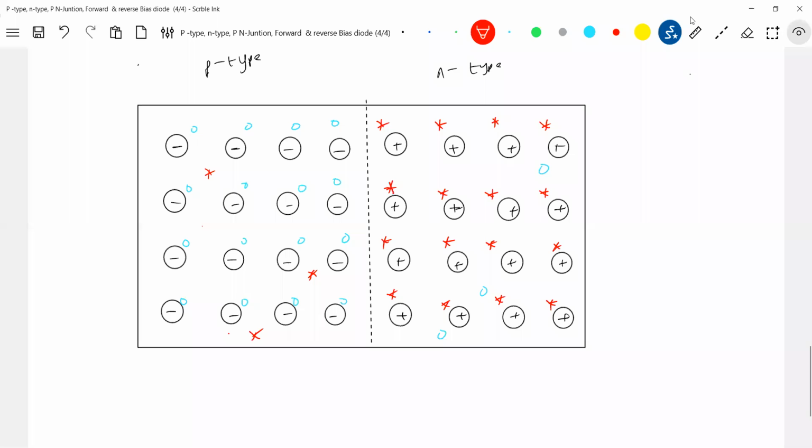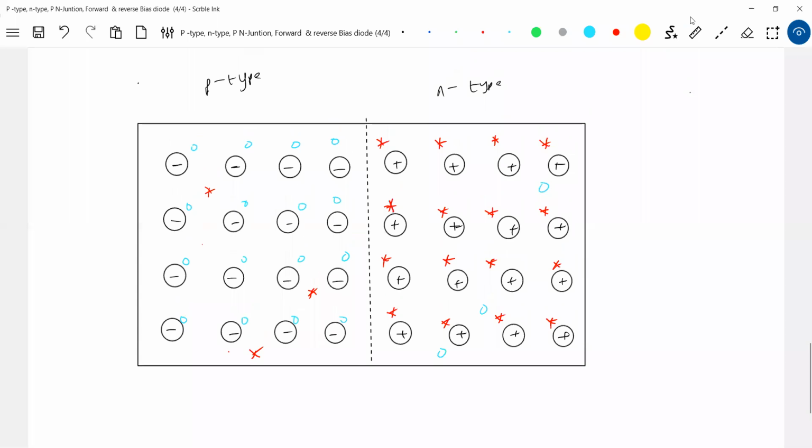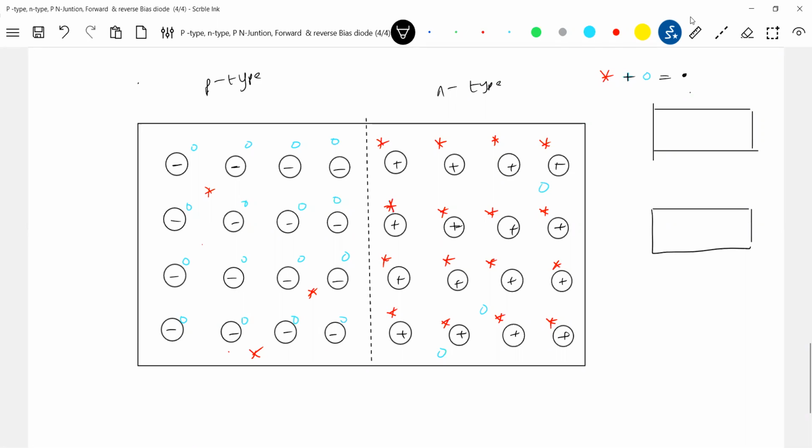These electrons when they are moving will encounter a hole, no? And when a hole captures a free electron, what do you get? In the previous class we have made it. We get a valence electron, and that valence electron we don't show, or you go for the energy band diagram.